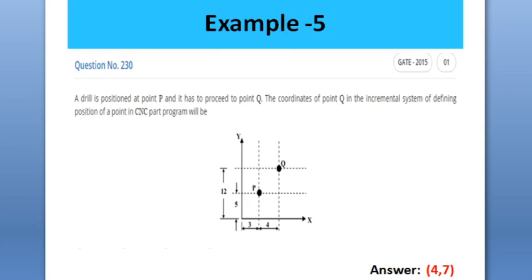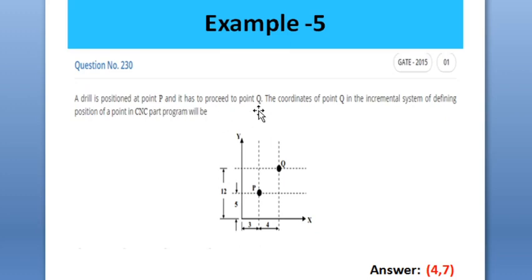The drill is positioned at point P. This is the drill position P, and it has to proceed to point Q. It can be moved from this point to this point, P to Q. The coordinates of Q in the incremental system of defining the position of a point in a CNC part program will be?